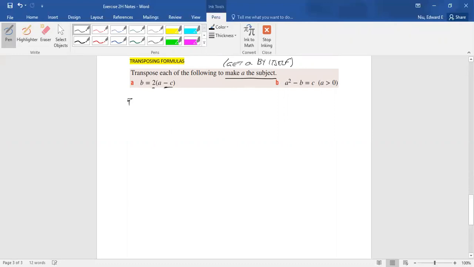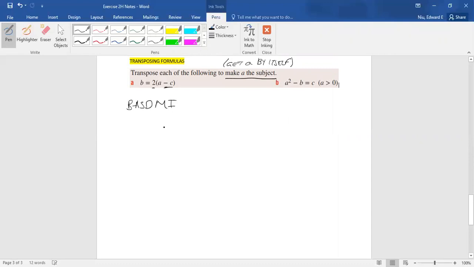Have a think about our acronym for linear equations. Let's see if you can apply that now.